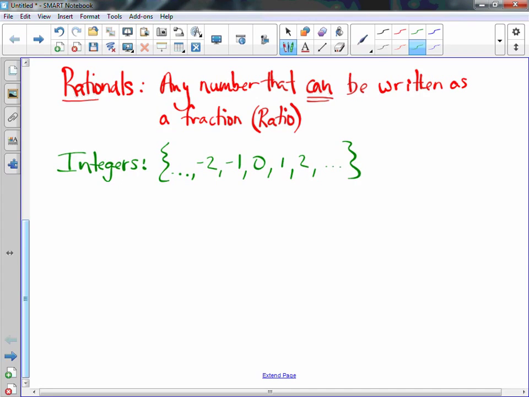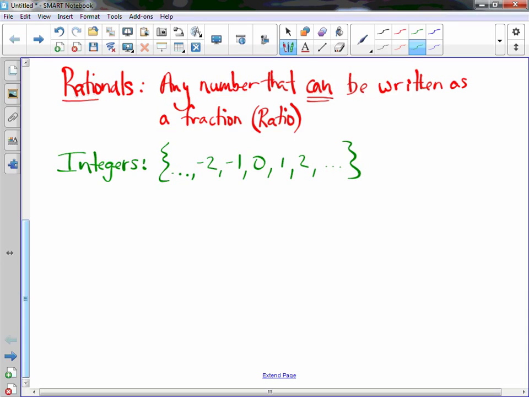Those ellipses say that the pattern continues to the left and also to the right. So it doesn't stop at -2, it goes -3, -4, -5. You can say these are whole numbers that are both positive and negative. So it's not just the whole numbers, but they're kind of like that. These are the integers.